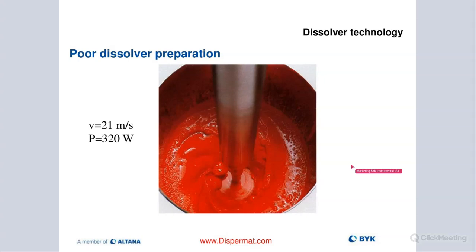And then we have the case where our tip speed is optimized, but we are only putting in 320 watts of energy. In this case, our viscosity is very low, and that means it's more difficult to put in the energy. So what that would tell you is that you will probably need to disperse a little bit longer or change something to get the desired result, or you would want to look at adjusting the formulation to increase the viscosity so that you're able to put in more energy for reaching a proper pre-dispersion.